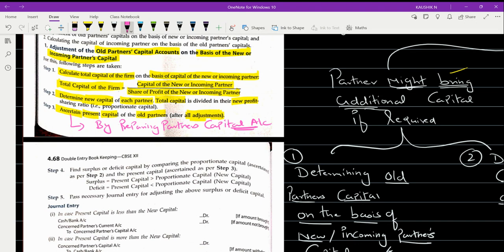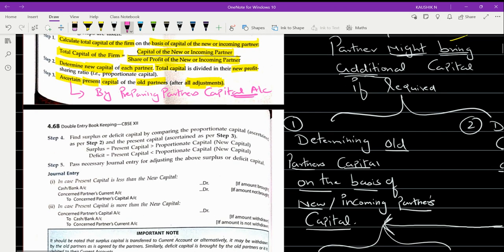Okay. Now step 3 is over, and the last two steps which we have to complete. That is step number 4. You have to find out whether you got surplus or deficit capital. How is it possible? You have done step 1, and from step 1 you are deriving step 2.